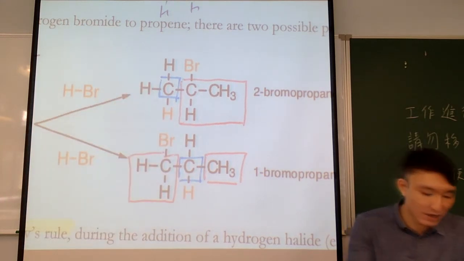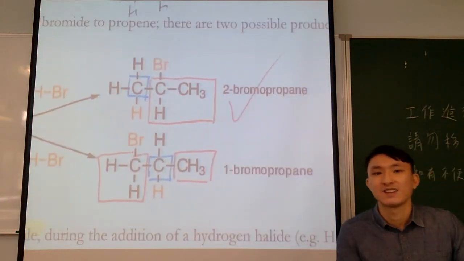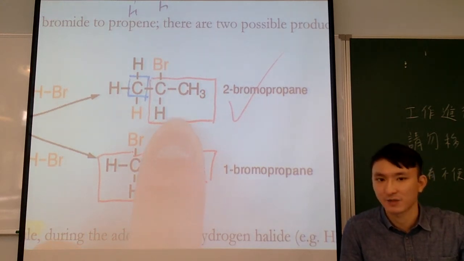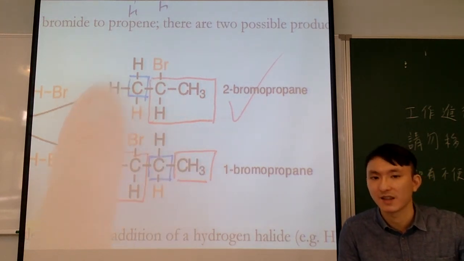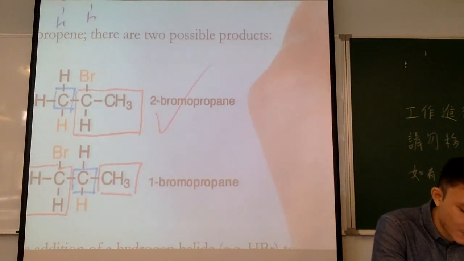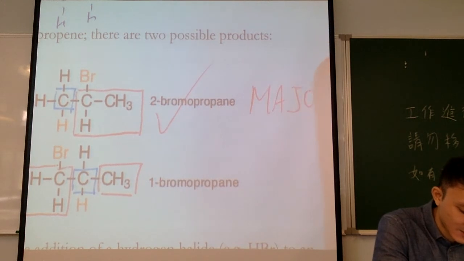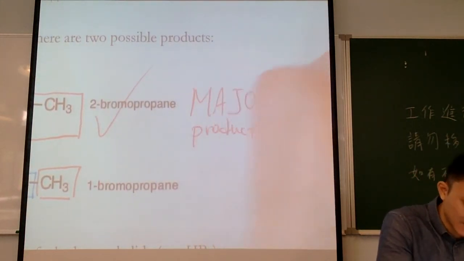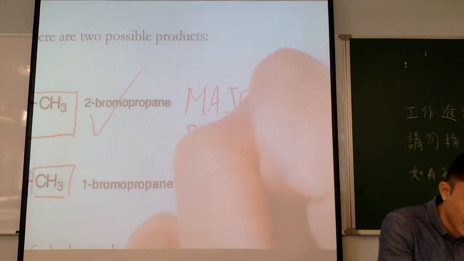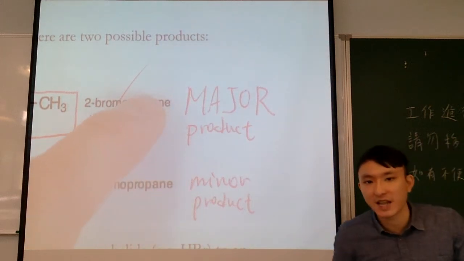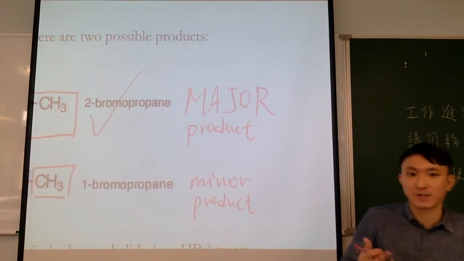According to Markovnikov's rule, it prefers this one because it has only one alkyl substituent attached to the carbon, but here it has two. So it turns out that this one would be the major product, and this one will be the minor product. So maybe it is 80% and this is 20%. Maybe I just make it up.